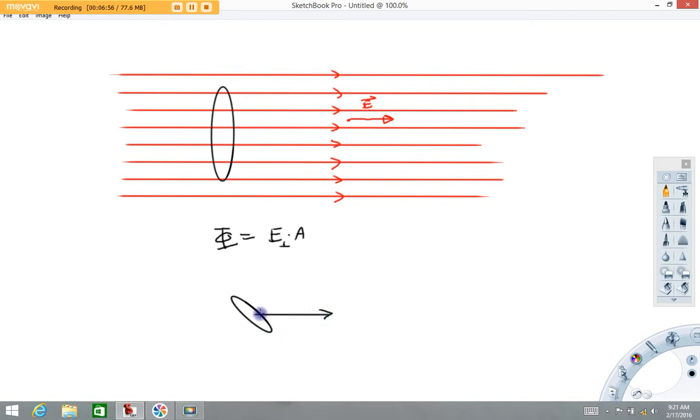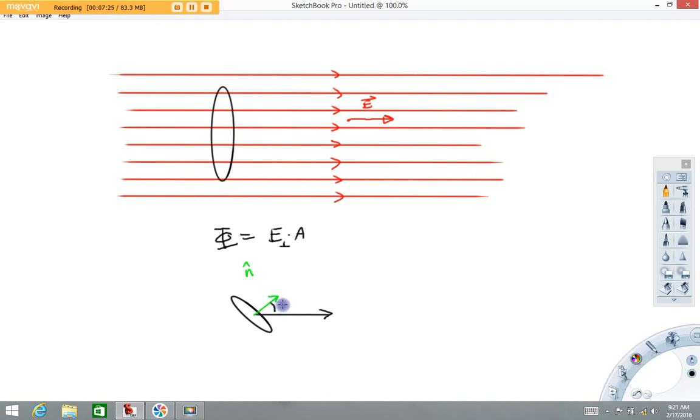And it makes some sort of angle here with a direction that I'm going to call the normal. So remember from Physics 1 what normal means. Normal is just a fancy word for right angle. So I'm going to draw a vector that's in this direction, and I'm going to call that the normal direction. I'm going to put that caret symbol, which means that's a unit vector. All it is is a direction.